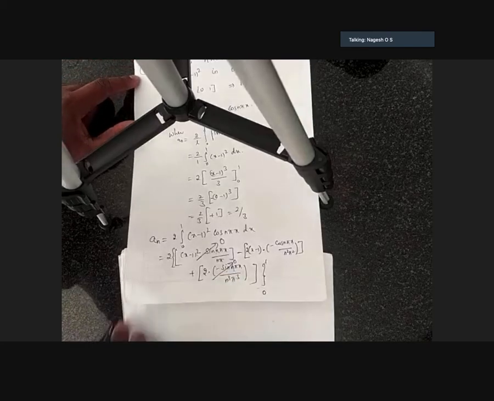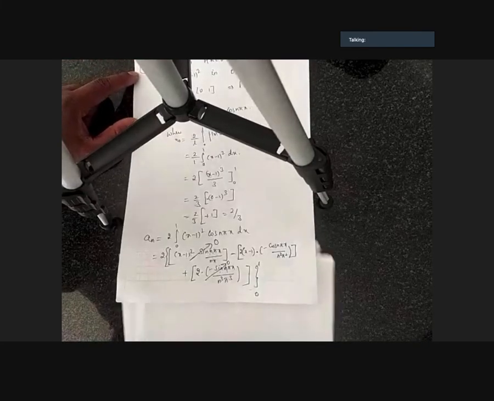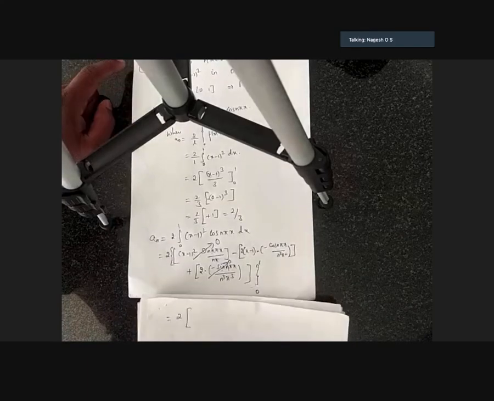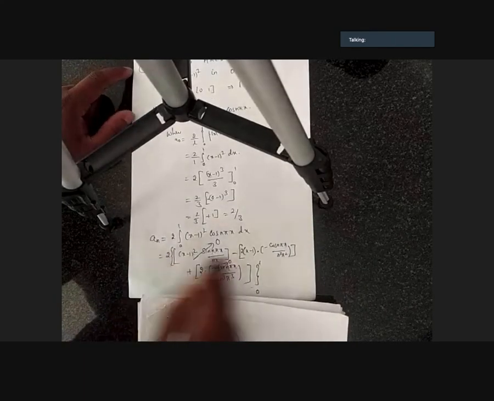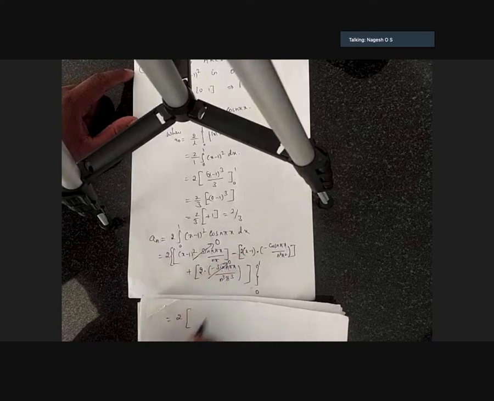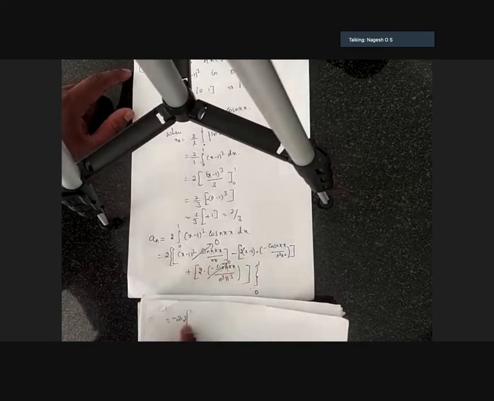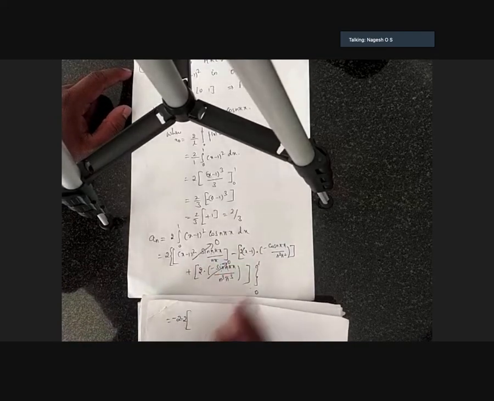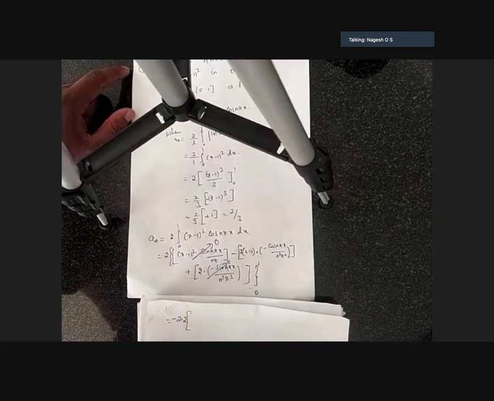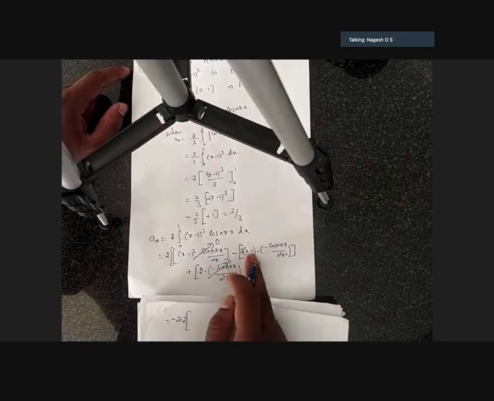Okay, then what is the other term? 2 into minus, that is minus 2. I can write this 2 outside: minus 2 into 2, (x minus 1). x minus 1 is 1 minus 1, which is 0.